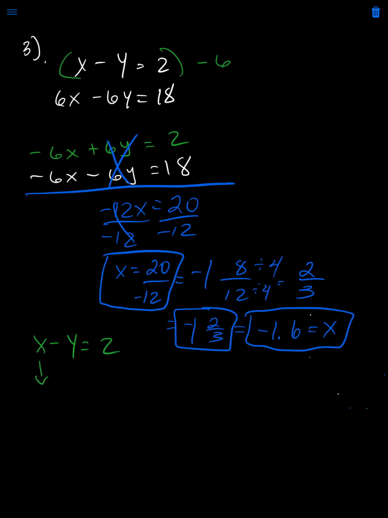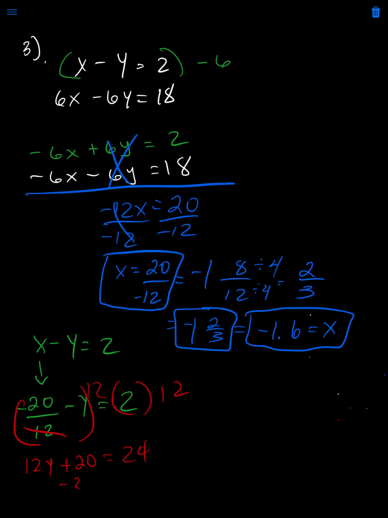Since I know x equals that, I can just plug it back into one of the equations. I'm going to do the x minus y equals 2. Pick that one. For x, I'm going to do negative 20 over 12 minus y equals 2. I'm going to multiply both sides by 12. So this cancels out.